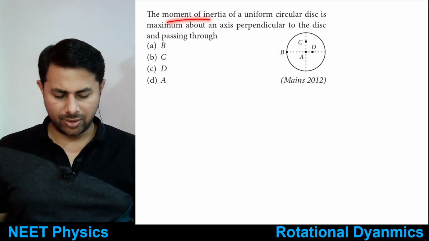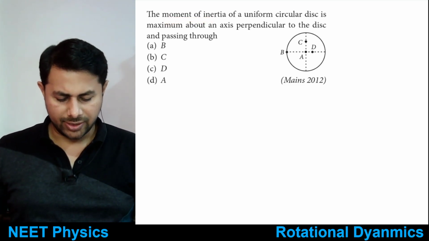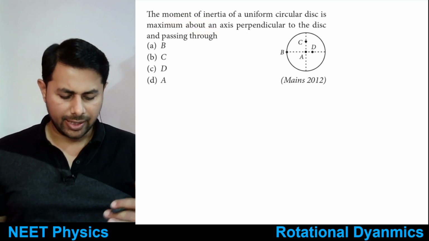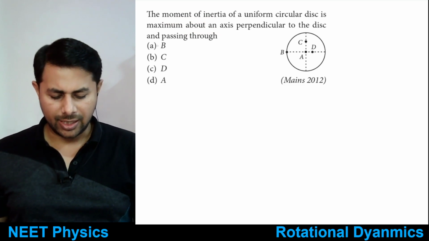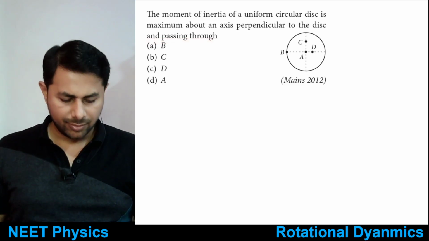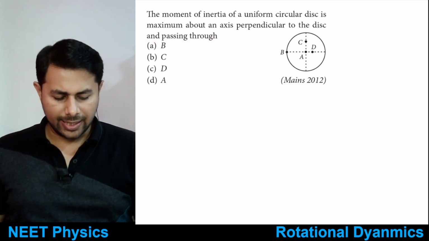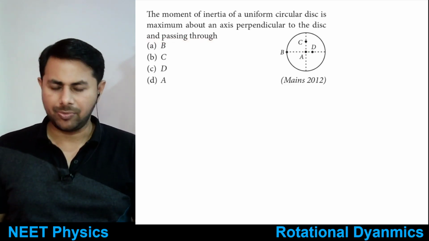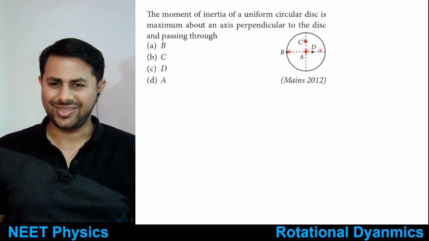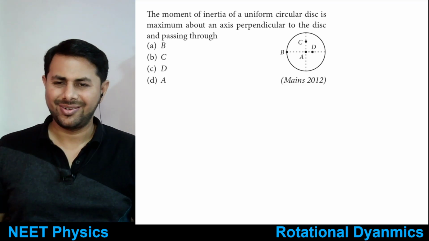The moment of inertia of a uniform circular disc is maximum about an axis perpendicular to the disc and passing through. Okay, so the axis passing through which point? A, B, C, D. This one is very simple.